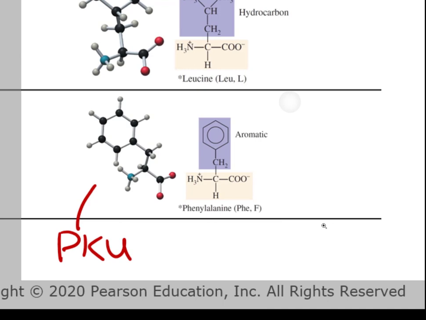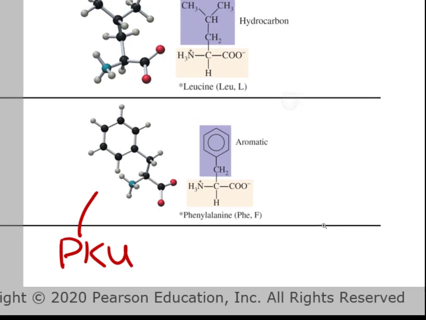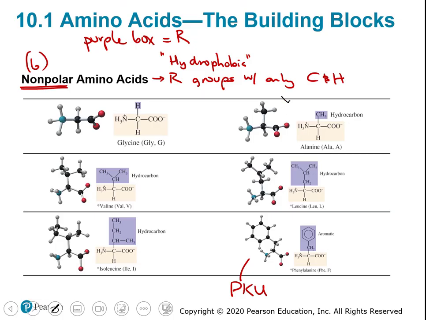All right, so if you look at this one, see the purple? That's that aromatic ring. Remember the alternating single and double bonds? This is phenylalanine. This is one of the components that they make, I think it's Splenda, or is it aspartame? It's one of the artificial sweeteners. But remember when we talked about PKU?